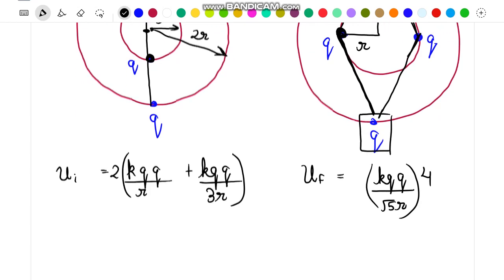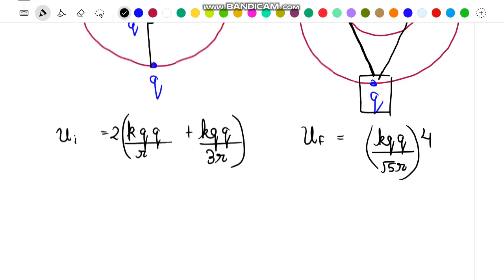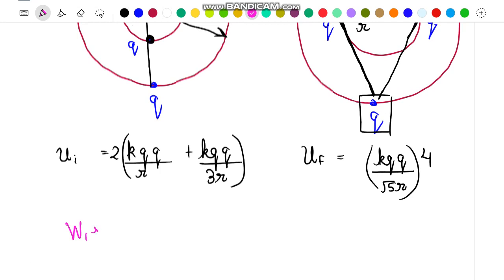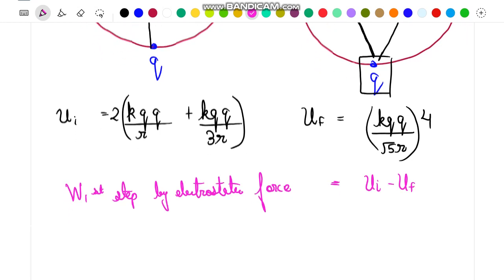So we can multiply this expression by 4. Now we know that work done in first step by electrostatic force will be equal to Ui minus Uf, that is 8 by 3 minus 4 by root 5 times of k q square by r.